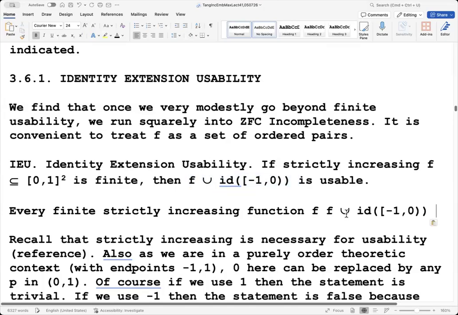See, this is the story of my life. I keep improving. Every strictly increasing function F union is usable.